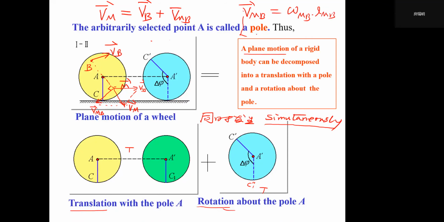And the other thing is the translational velocity of the pole point. So this is a very important theorem, just like what we have learned, Va equals Ve plus Vr. So next time we will learn that further. We will do some examples. I think that's all for today.